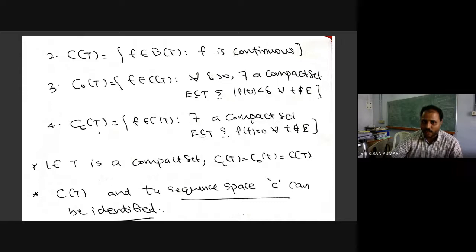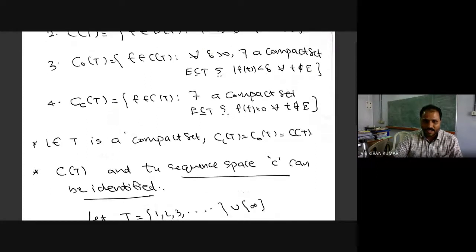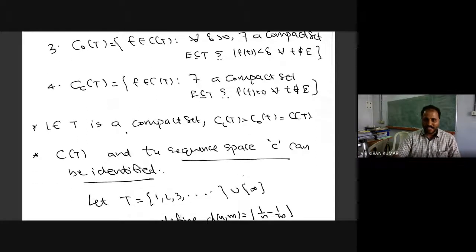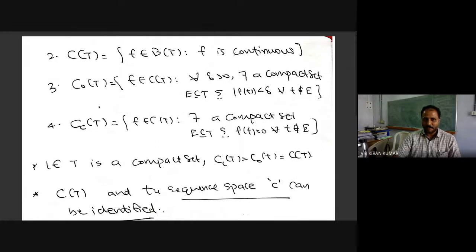And Cc of T is called continuous functions with compact support. That means outside a compact set, it is 0. Its values are supported in a compact set only. So if T is a compact set, then all of them will coincide. I mean, Cc of T will be equal to C0 of T will be equal to C of T. This is an abstract definition.